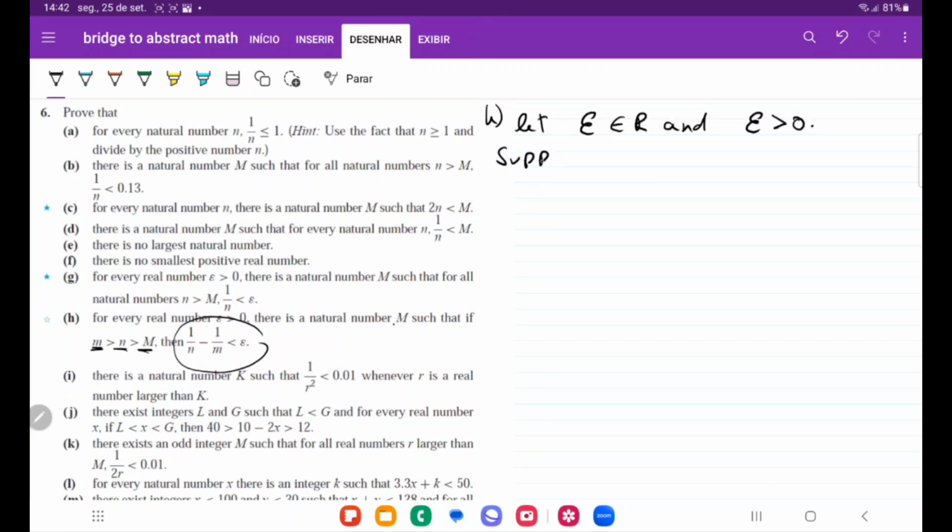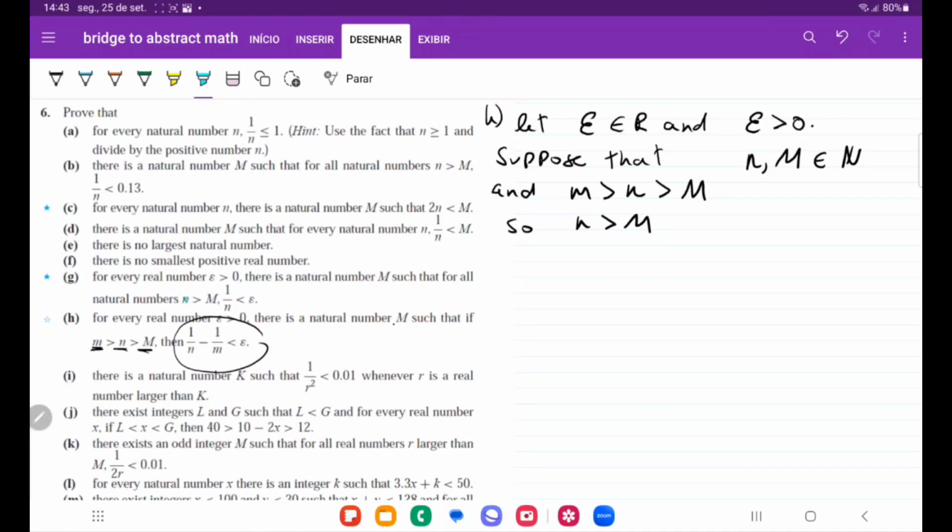And then we're going to say suppose that little n, capital M being natural numbers, and that little m is greater than n, which is greater than capital M. So n is greater than M. Well, using this, we have shown previously in part G that if n is greater than capital M, then this is our conclusion, right? And so we have that this is true.